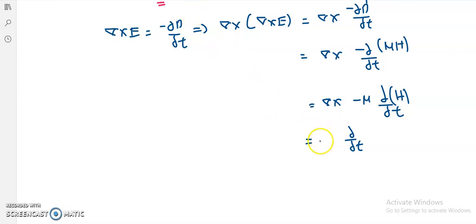So minus mu dou by dou T of del cross H. Okay, so we can write the equation like this.